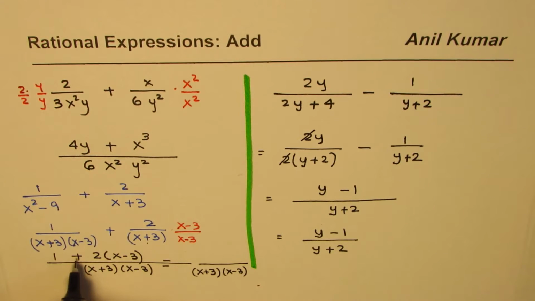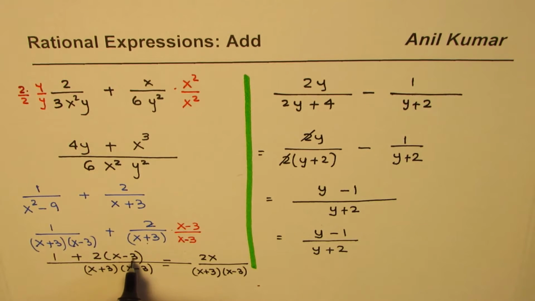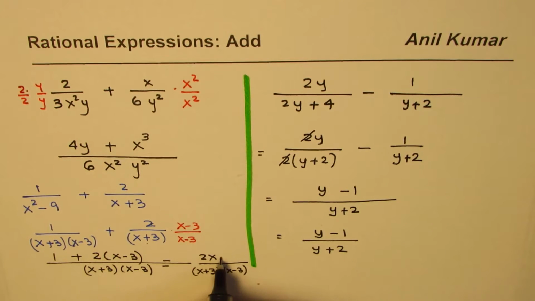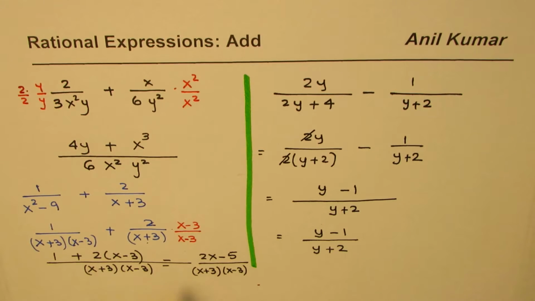The numerator is 1 plus 2x. Let me write 2x first. And 2 times minus 3 is minus 6. So 1 minus 6 is minus 5. So what we get here is 2x minus 5 divided by x plus 3 times x minus 3. So we have performed the operation of addition and subtraction.